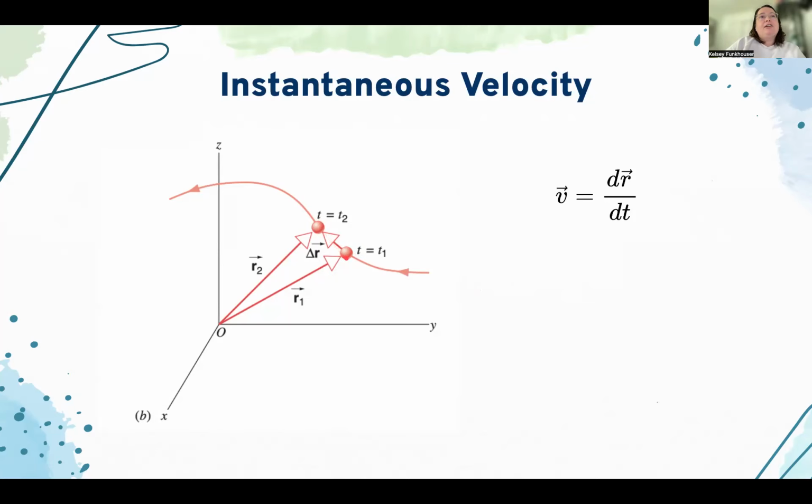And the vector representing the displacement is, as far as we can tell, along the line of the path. So this also means that instead of change in position over change in time, we need the derivative of the position with respect to time. And this is the instantaneous velocity, or really what we will refer to as the velocity.